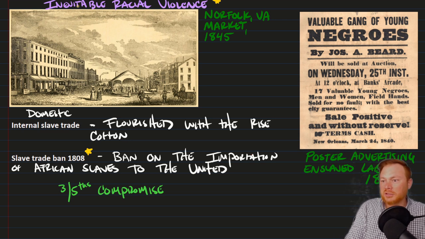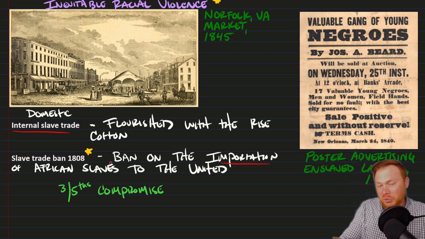However, let us not confuse that the ban on the importation of enslaved individuals has no effect on the actual exchange of slaves between the states, which at the time, with the cotton boom, absolutely flourished.